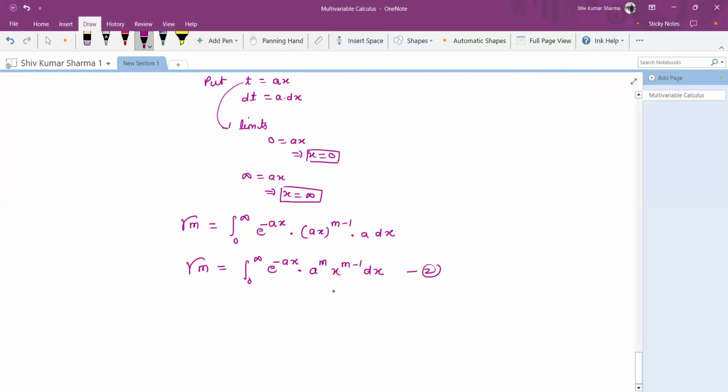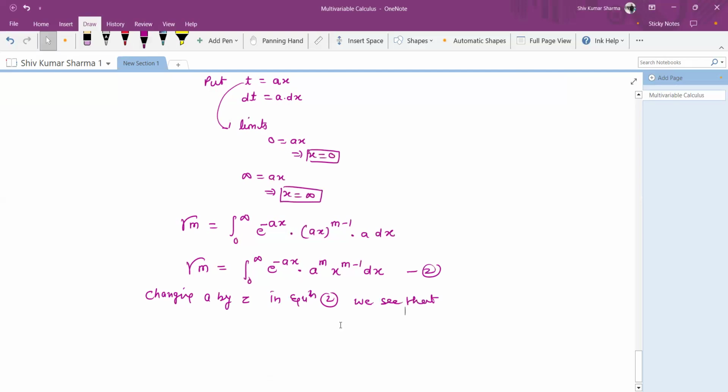We do one thing for this also. We change the variable a to z in equation 2.